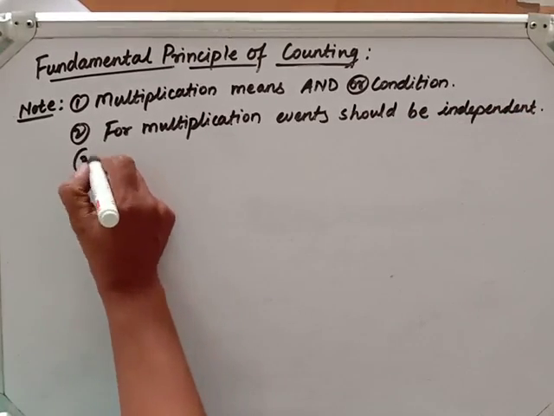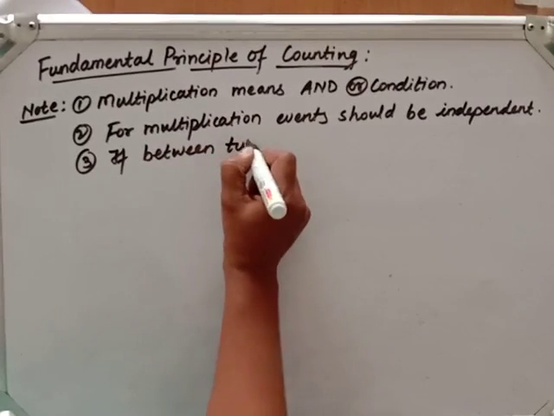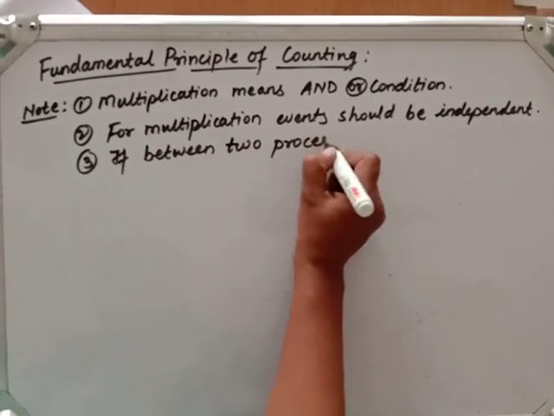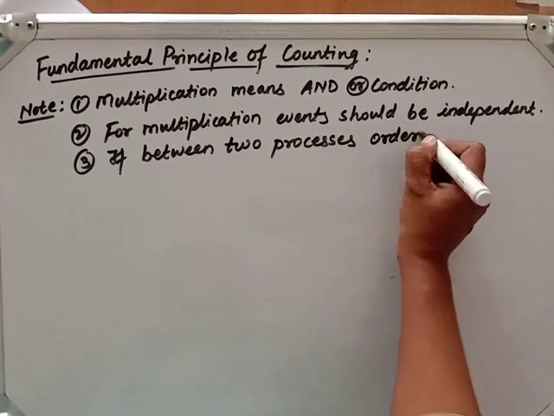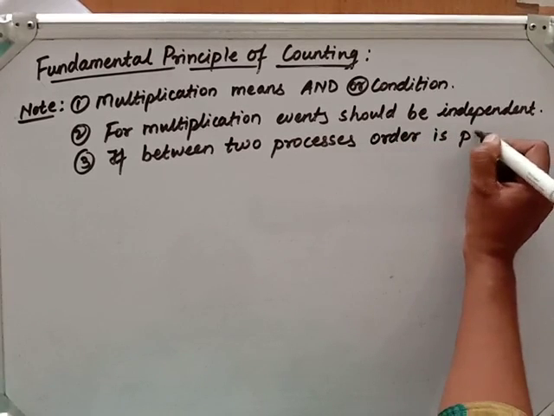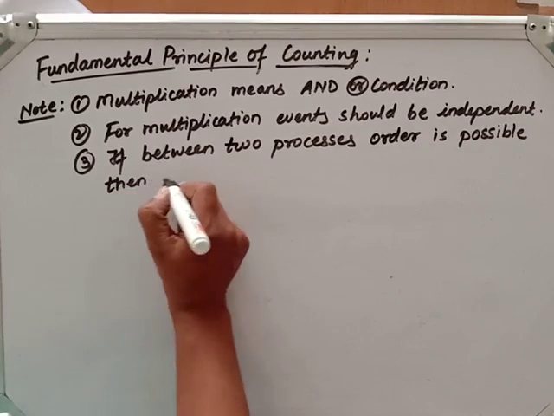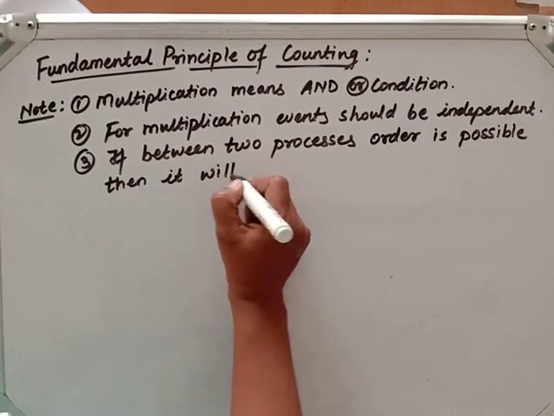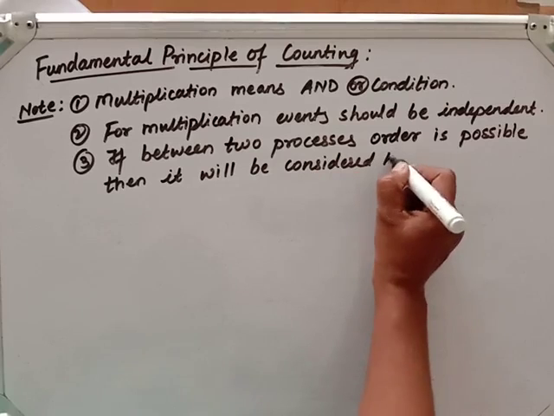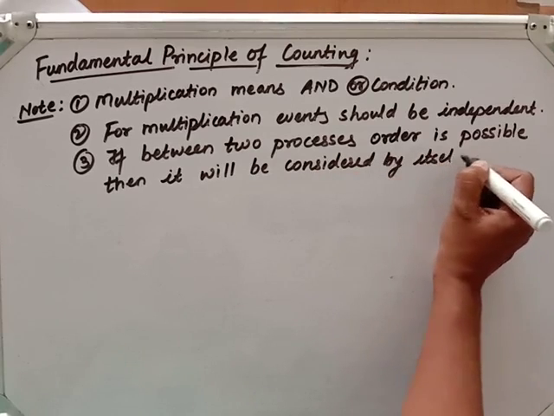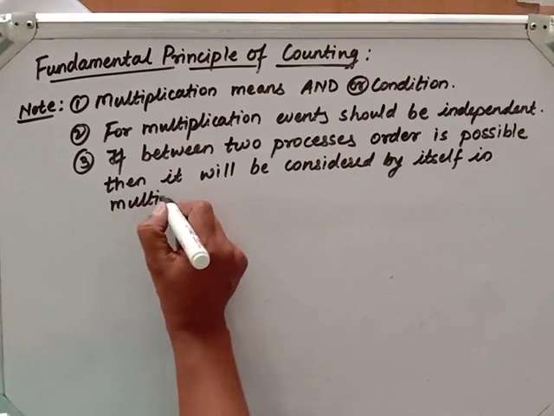Fine. One more note is here. If between two processes order is possible, then it will be considered by itself in multiplication.